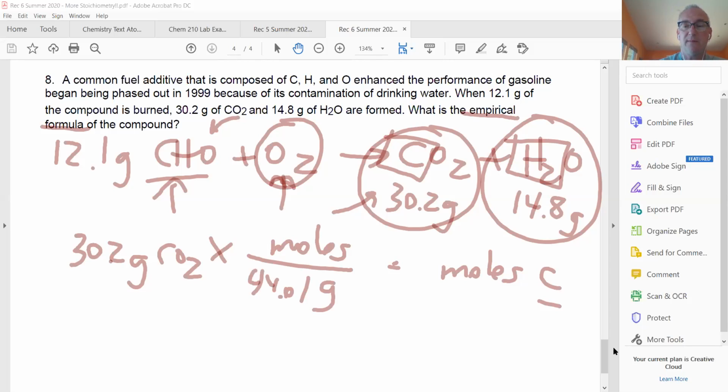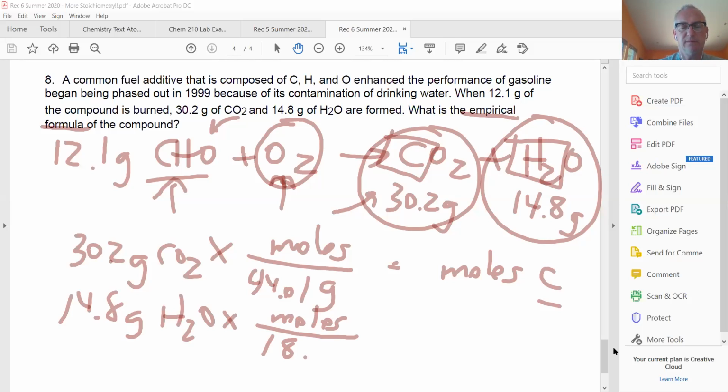And the same thing with water. So if I have 14.8 grams of water, again, I want to multiply that by moles because I want moles. And water is 18.0 and so on. All right, that'll give me moles of H2O. But what I actually want is moles of just H. So what should I do with this number?